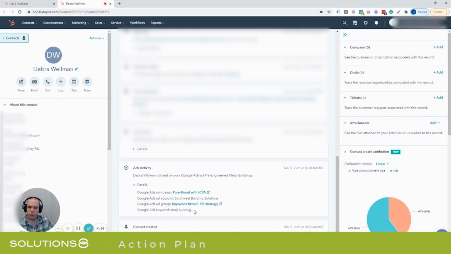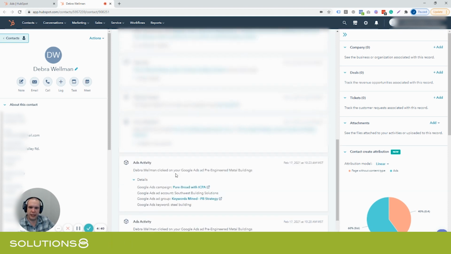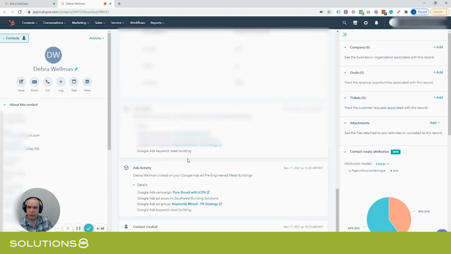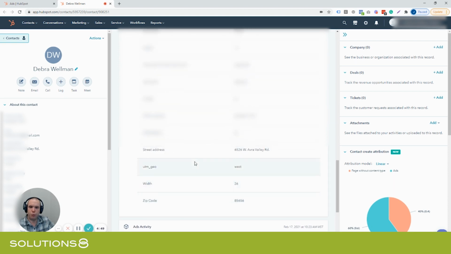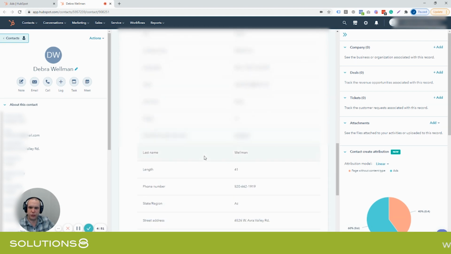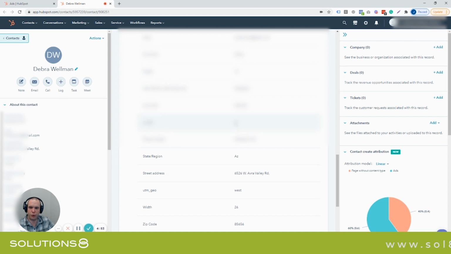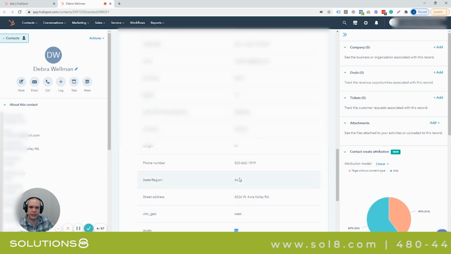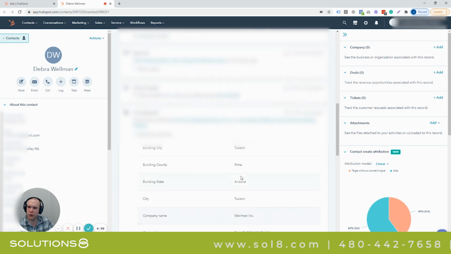Okay, so she Googled steel building. Great. What happened after that? Well, she clicked on the ad again, and then she filled out a form. Awesome. So she used actually the same keyword and came back, and she came back 2 different times. Good. What form did she fill out? Well, she's looking for a 12-foot height, 41-foot length, and 26 width building. She filled out everything perfectly, and it looks like it's a good viable lead. Awesome.